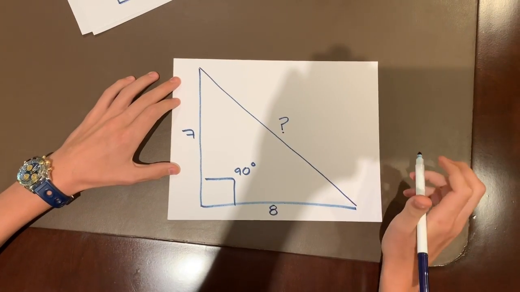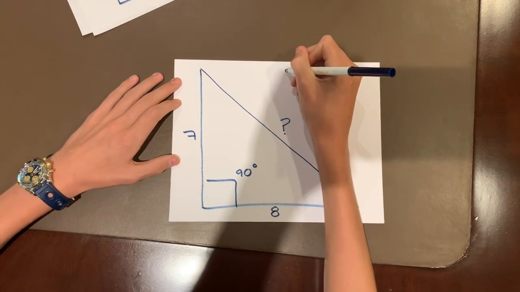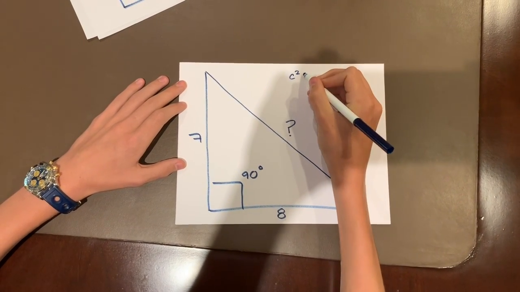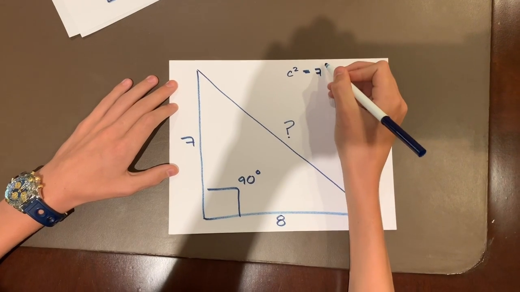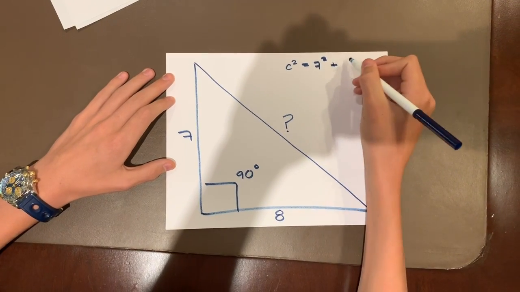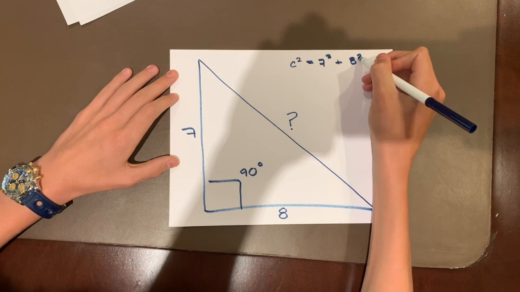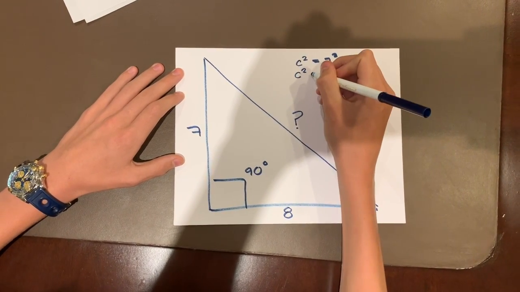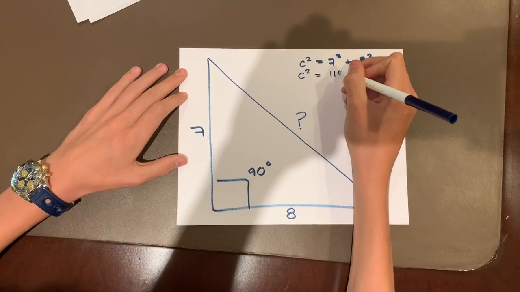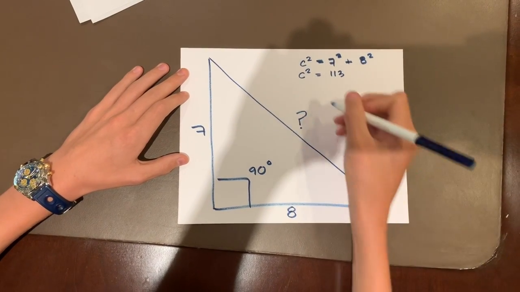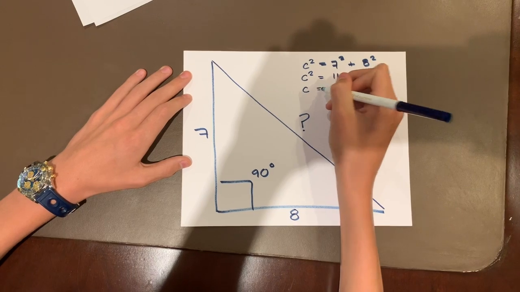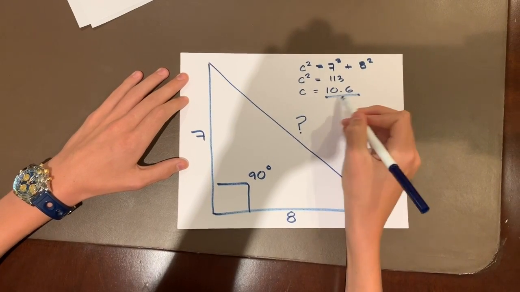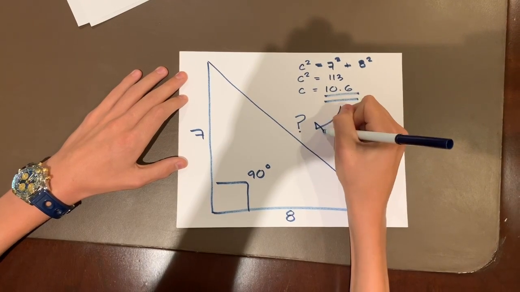Now I'm going to use the Pythagoras theorem to find my hypotenuse. This is my side C, my hypotenuse.